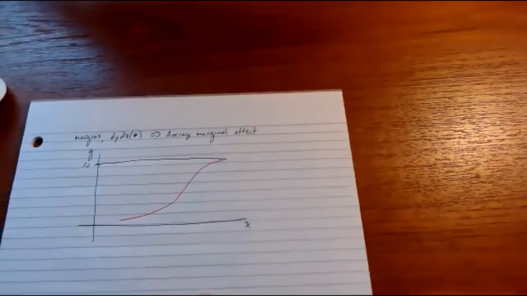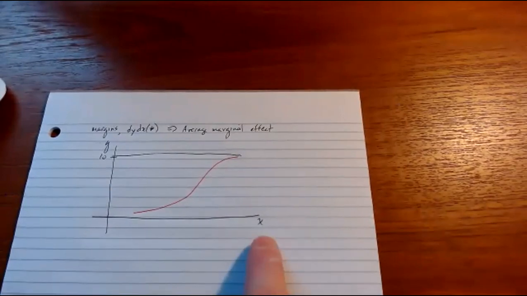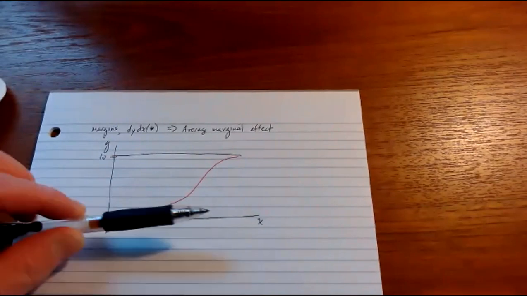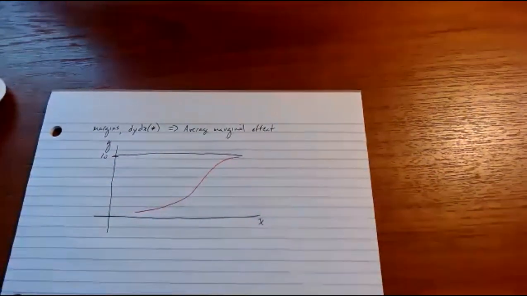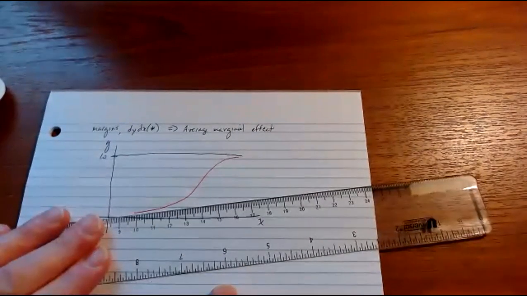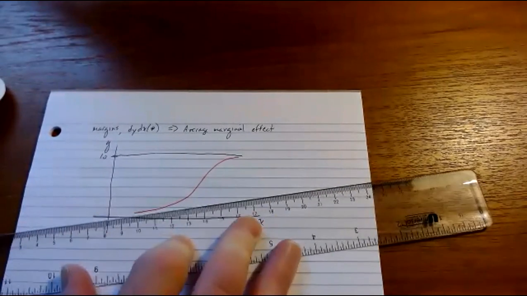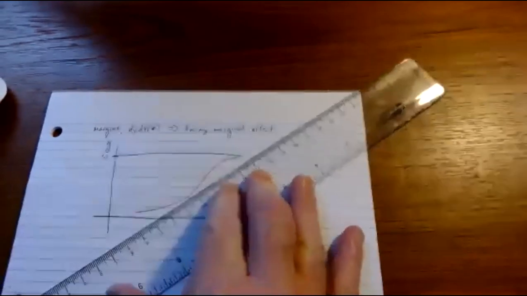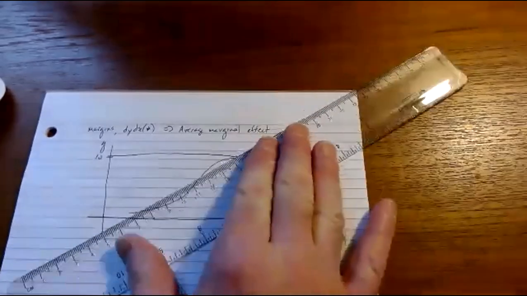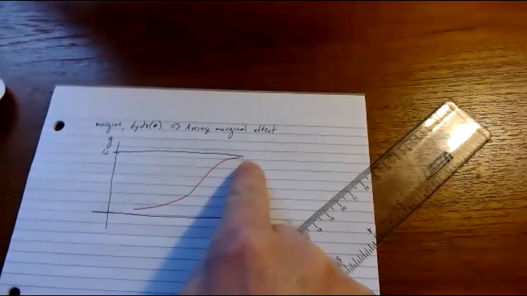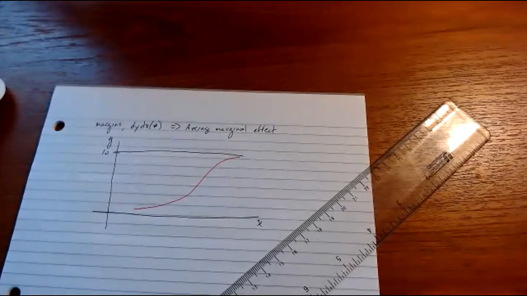And what we can see when we look at this is that the effect of x on the probability y equals 1 is relatively small here. The slope is low, and so the marginal effect is relatively small. And then that relative effect gets larger and larger, and then it gets smaller and smaller. And so the magnitude of the marginal effect is changing as we move from one end of the regression line to the other.